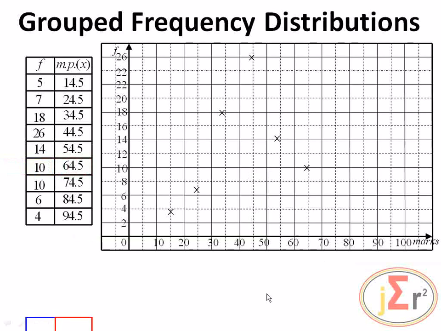And the other one will be at 74.5 and its height will be 10 also. Then 84.5 and we'll go up to 6. And finally 4, and its associated x value is 94.5. So we go to 94.5 first and then we go up to 4.